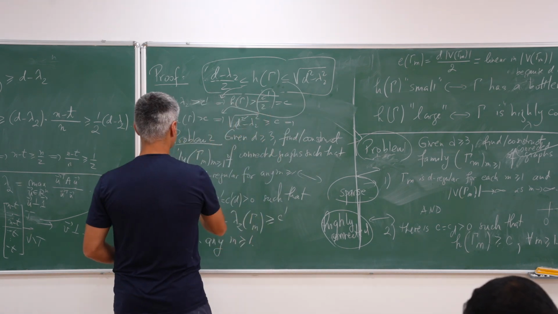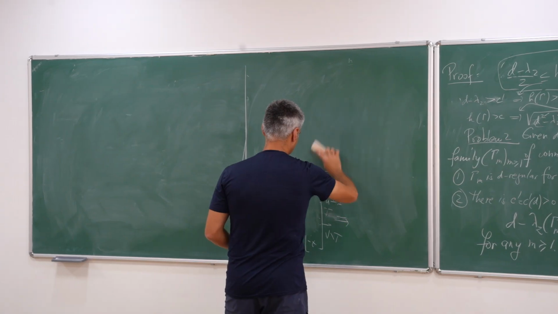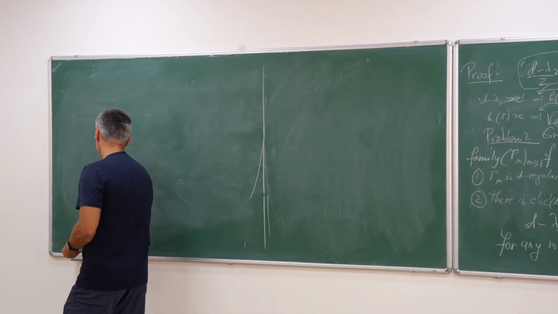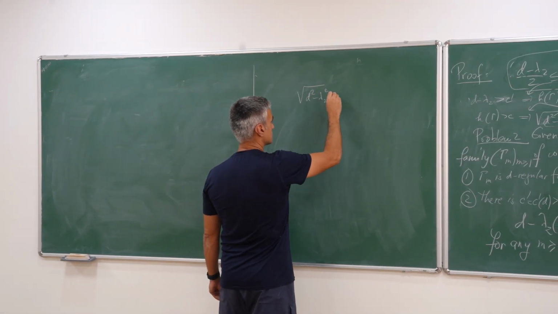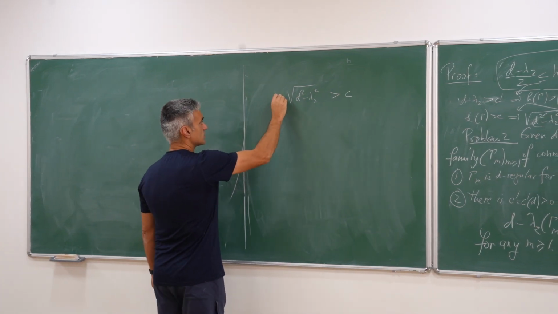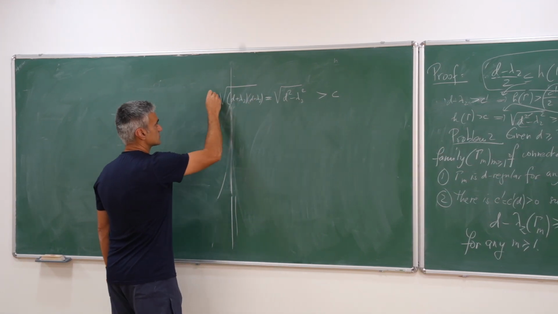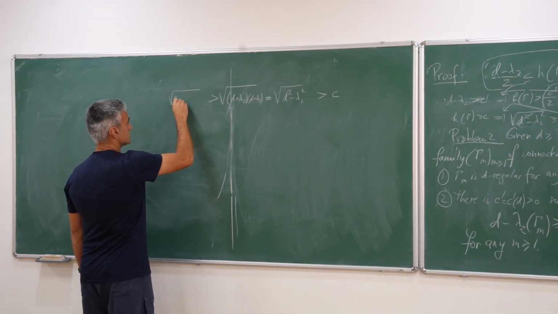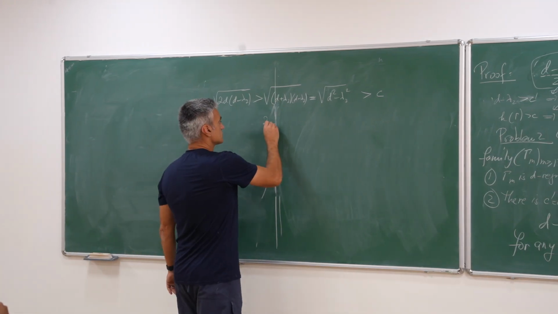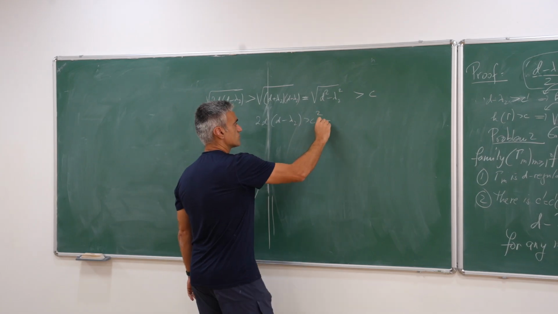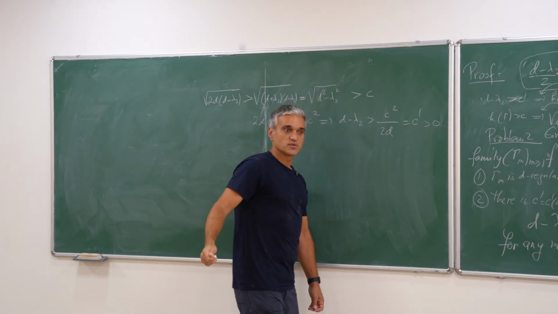It's the square root of d plus lambda 2 times d minus lambda 2, and it's strictly less than the square root of 2d times d minus lambda 2. So now if you take these two things, you get 2d times d minus lambda 2 bigger than c squared, which implies d minus lambda 2 is bigger than c squared over 2d, and you can take this to be your constant c prime, bigger than 0.